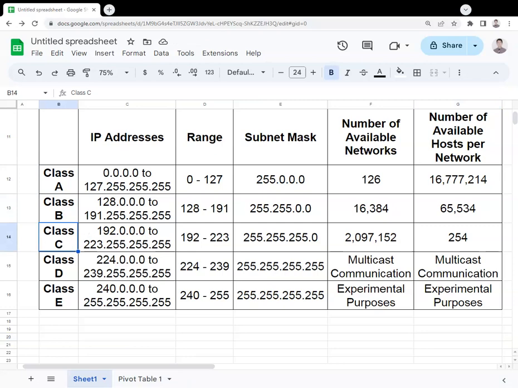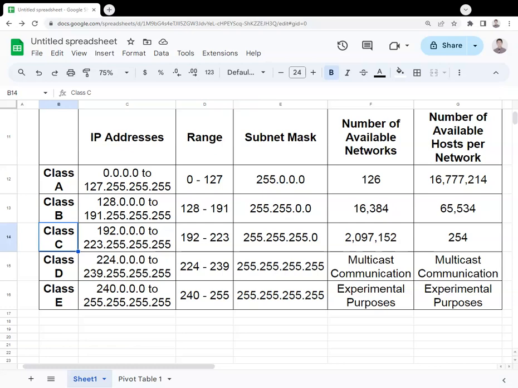Multicast addressing is a method of sending data packets from one source to multiple destinations simultaneously. It is used for one-to-many communication, where a single packet is sent from the source to a specific group of recipients who have expressed interest in receiving the data.